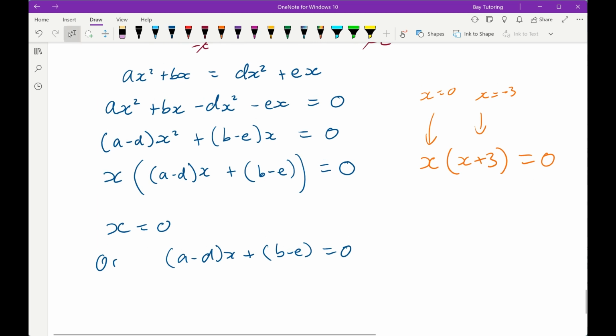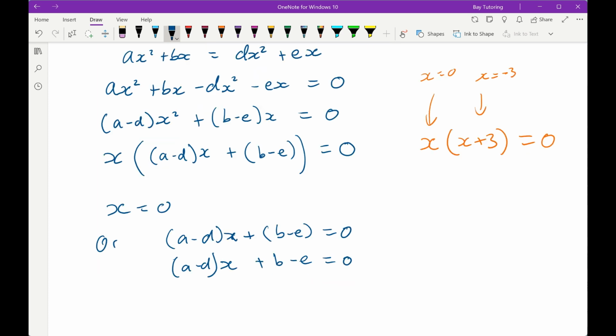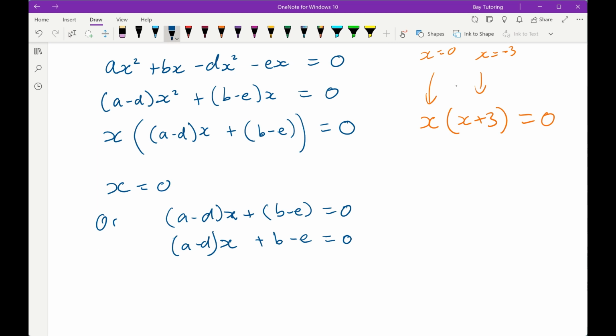So if we rearrange this to solve for x, we'd have a minus d times x. Let's just expand those brackets. So plus b minus e equals 0. So we'll take, first of all, e to the other side.